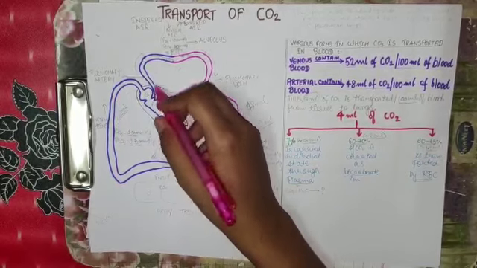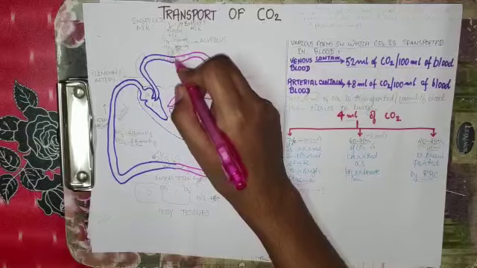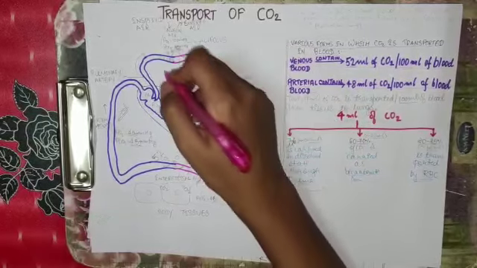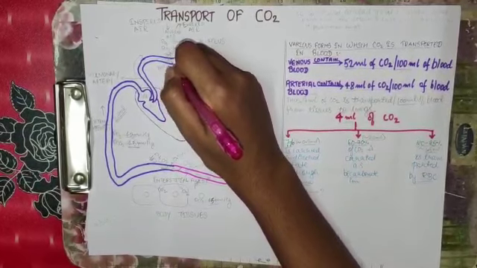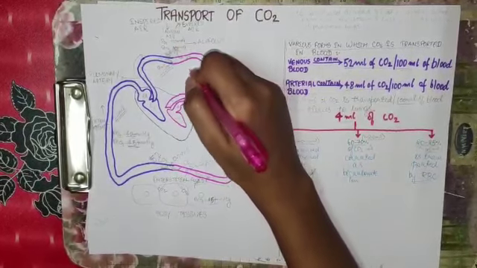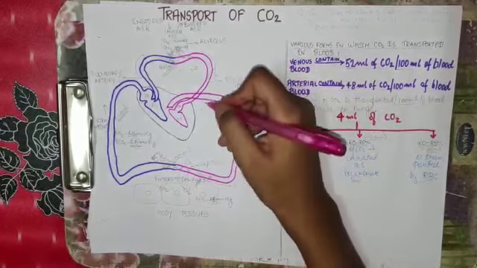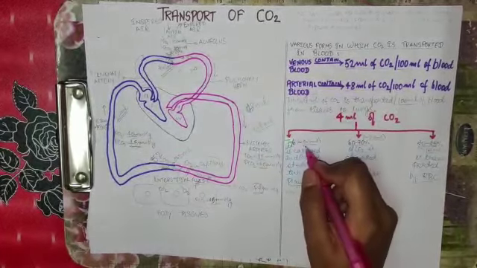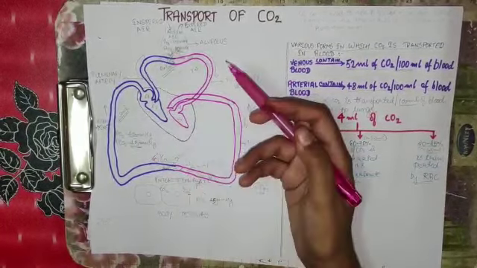As this venous blood goes through the heart chambers and the pulmonary artery and reaches the lungs or alveolus, approx 0.3 ml is expired out, and the remaining 2.4 ml again comes back with the oxygenated blood. So here we can say that approx 0.3 ml of CO2 is actually expired out.